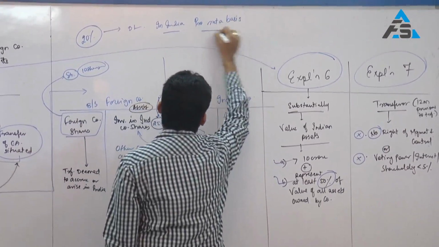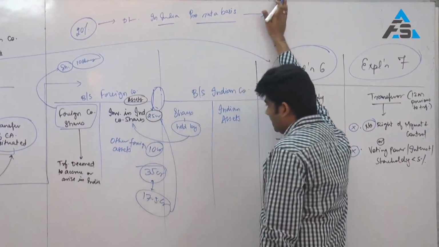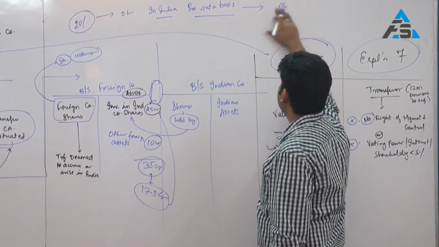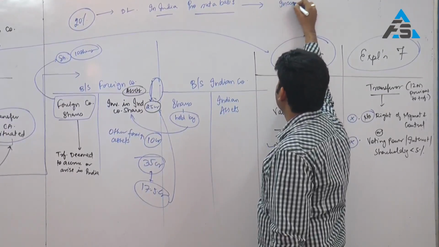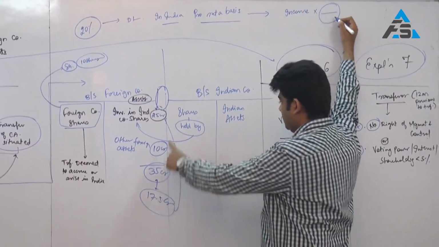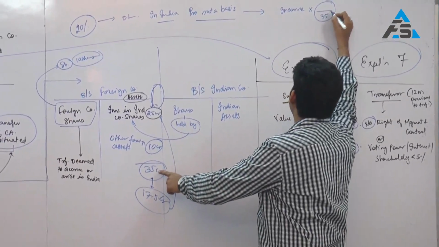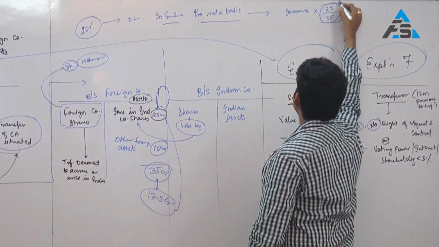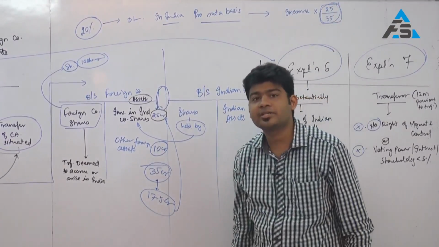What is this pro rata basis? Pay attention here. In such cases, whatever is the amount of income that he will earn, that will be prorated to the Indian assets. So here total assets are 35, of which Indian assets are 25. Only this proportion is what he will be liable to tax for.